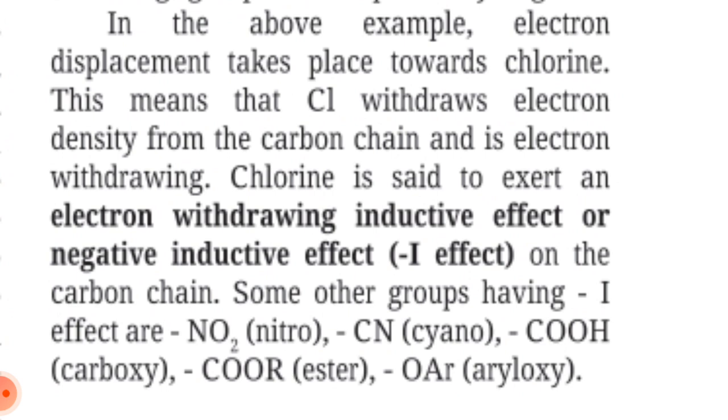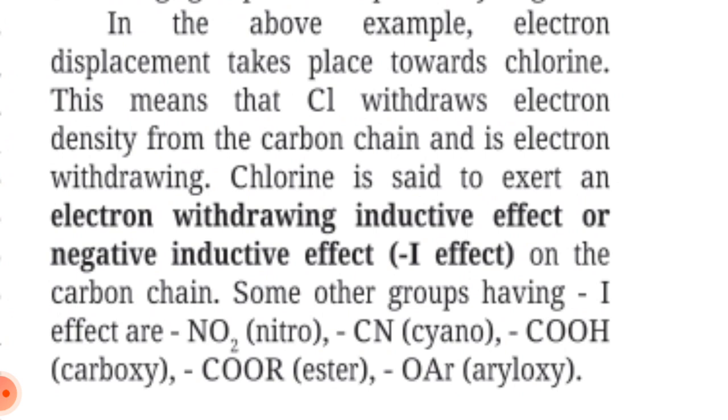In the above example, electron displacement takes place towards chlorine. This means that chlorine withdraws electron density from the carbon chain and is electron withdrawing. Chlorine is said to exert an electron withdrawing inductive effect, or negative inductive effect, the -I effect, on the carbon chain.